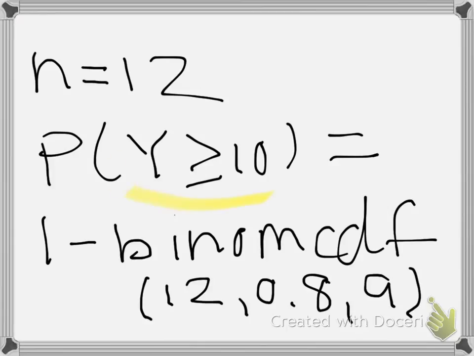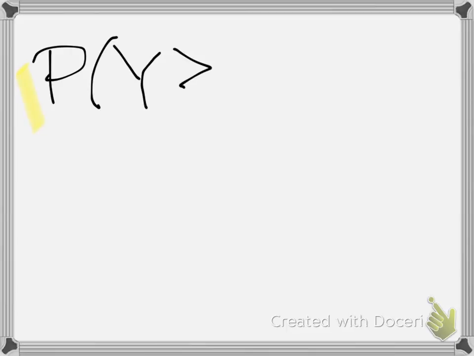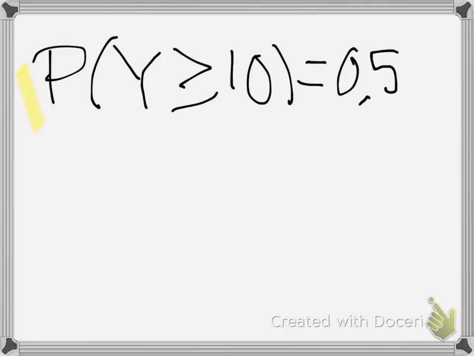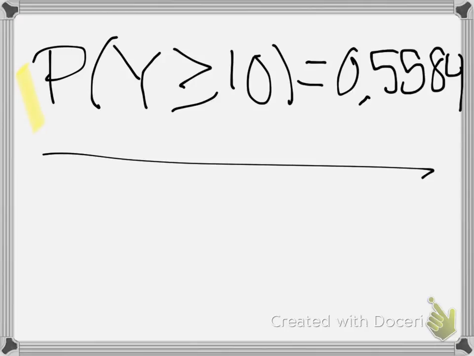We want 10 or more. So we don't want 9 or less than that. When you do that, you get the probability that Y is greater than or equal to 10 is equal to 0.5584.